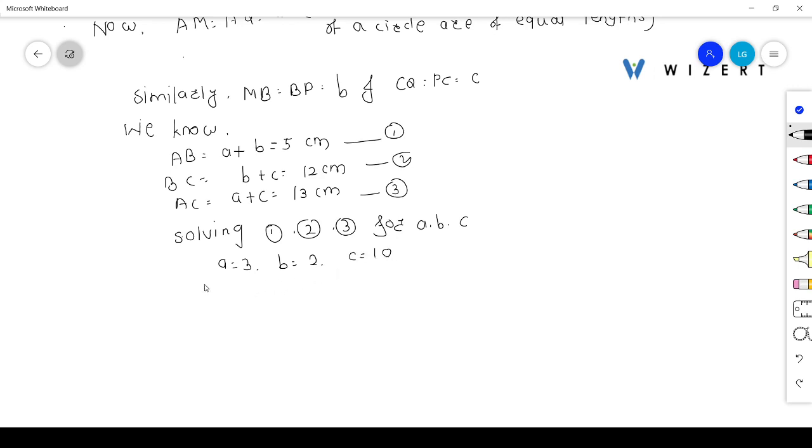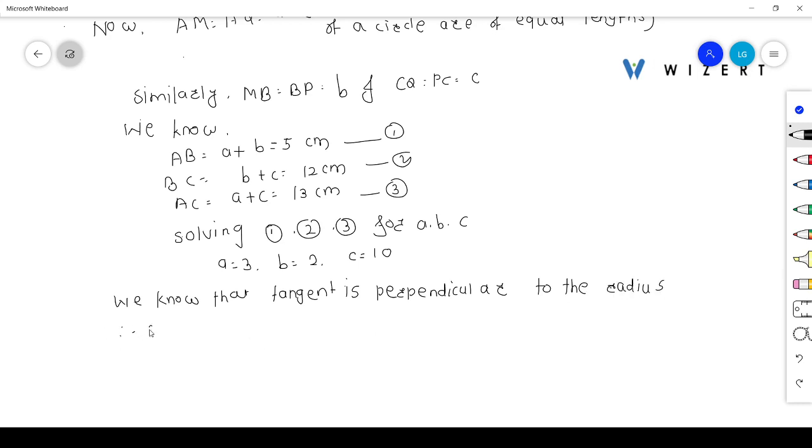As we know that the tangent is perpendicular to the radius.